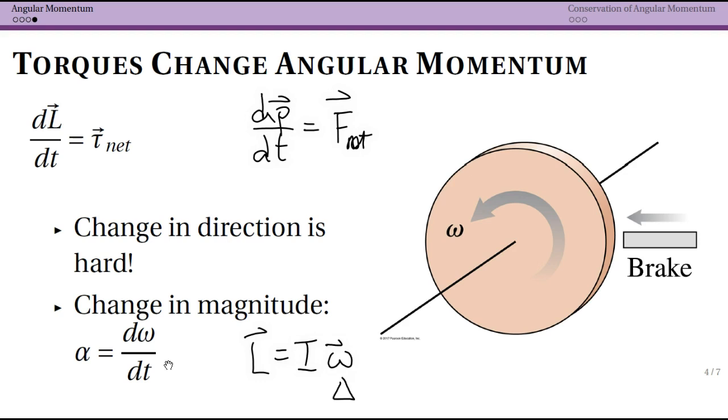So if this is changing, then our angular momentum also must be changing. But we've said that our net torque, if you then multiply this by moment of inertia, you get alpha. So actually, if we divide both sides by I, the moment of inertia, we just come back to this equation.